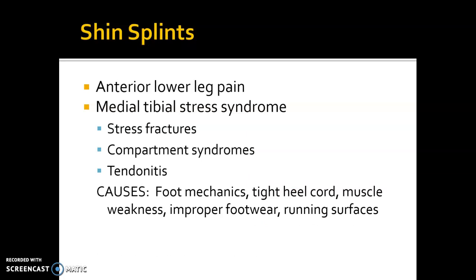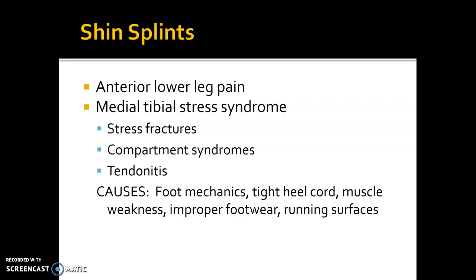Shin splints, I'm sure you guys have also heard of this one. Shin splints is not a medical diagnosis, it's just kind of a term for all kinds of anterior lower leg pain in the front of the shin. We do have a medical term called medial tibial stress syndrome, and this is the more descriptive way to explain shin splints because it's talking about the different areas and structures that can be under stress.